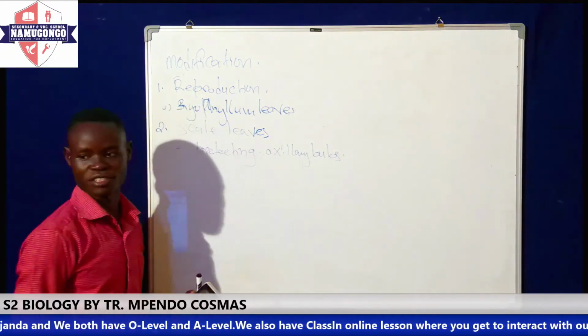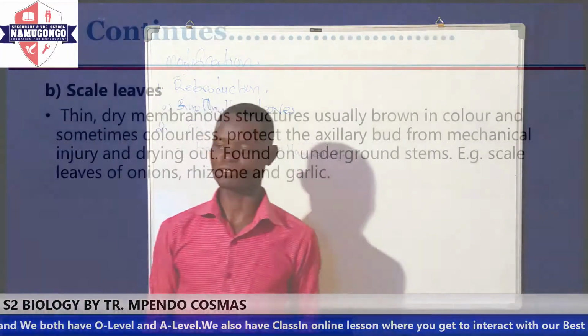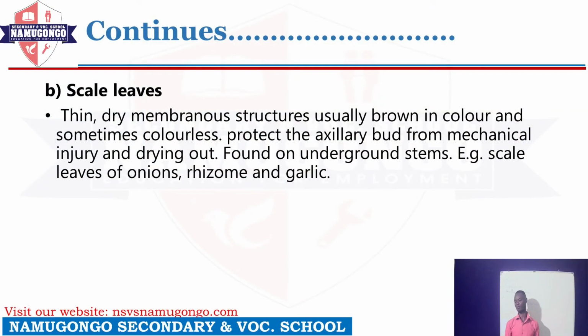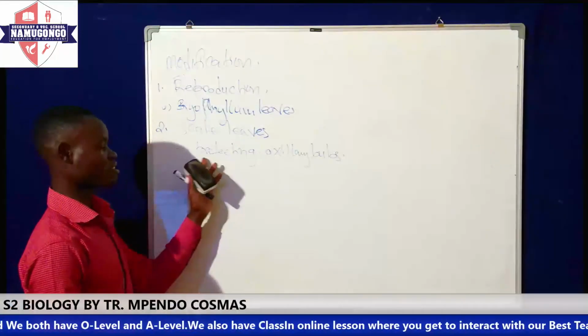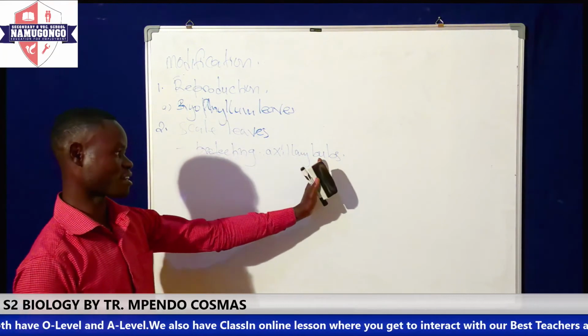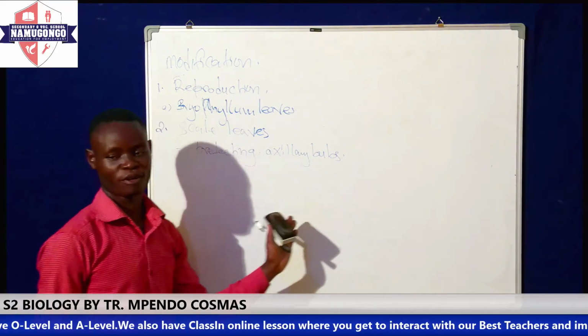Axillary buds, when they are not given protection, can easily be broken off. So they protect them against mechanical injuries, so that they cannot easily dry out. So those are the so-called scale leaves. They are leaves purposely responsible for protecting axillary buds. They are found in there.